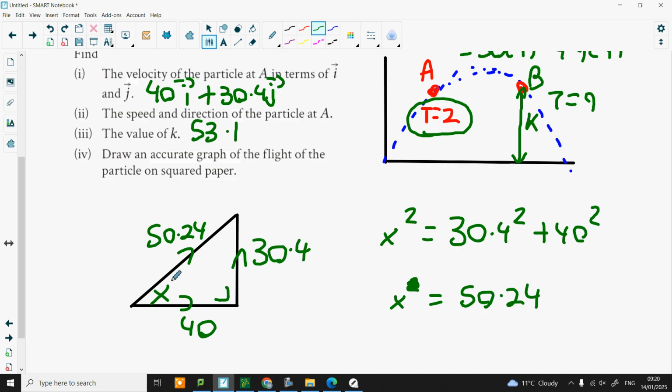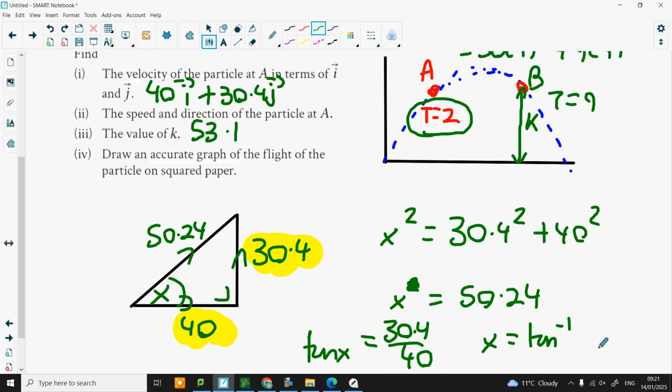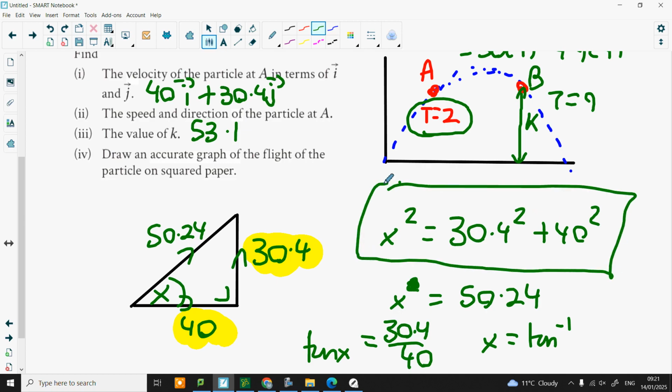Anybody care to tell me what the angle x is? Could you use tan? Opposite divided by adjacent. So tan x is 30.4 divided by 40. Tan inverse it. 30.4 squared plus 40 squared, square root the answer.